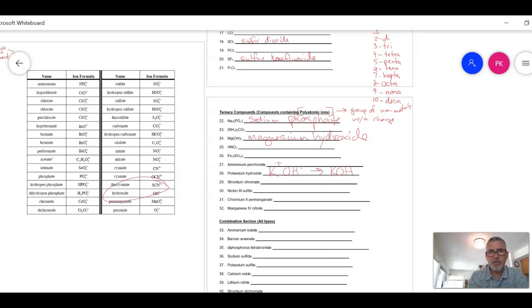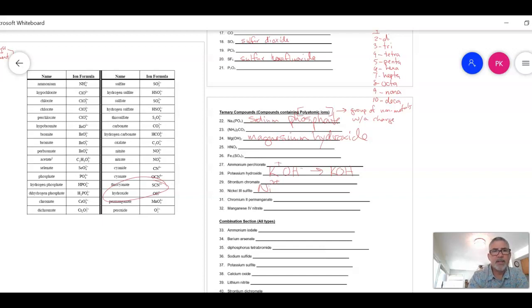30, if I do nickel 3 sulfite. Ni is nickel. And since it's nickel 3, I know it has a 3 positive charge. And sulfite, I'm sorry, not sulfate, but sulfite. If I come down and look here, I find the word sulfate, and I don't see any sulfite.